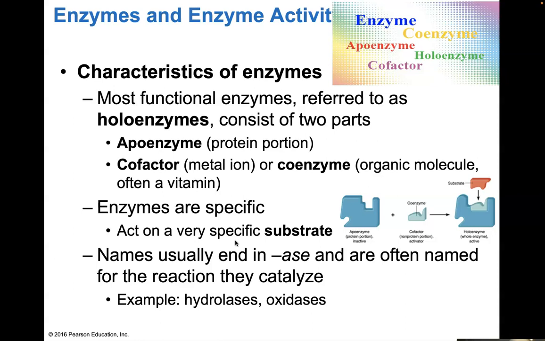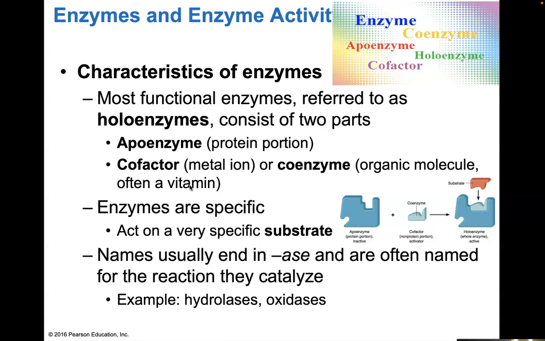So many of our enzymes do require what's called a cofactor, or a coenzyme, to activate that enzyme. This is important because we're going to talk about this in 202 a lot, where there are these cofactors. Maybe it's a metal ion that's required for that enzyme, and that's why your body requires that metal ion. Or it's some type of organic molecule, oftentimes even a vitamin, that is required for that enzyme to function, okay?